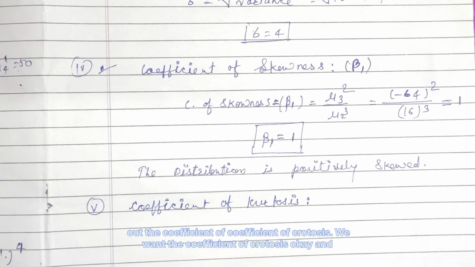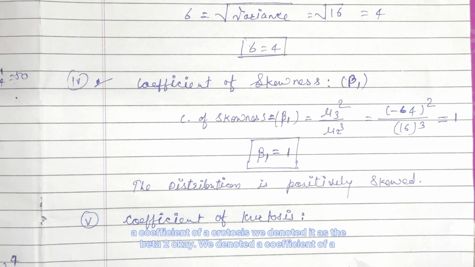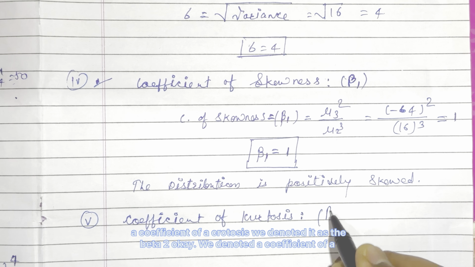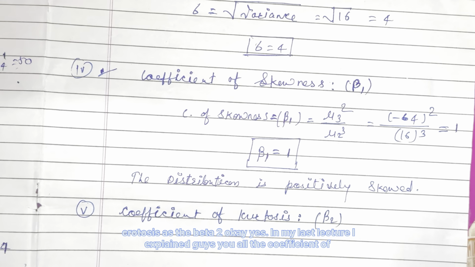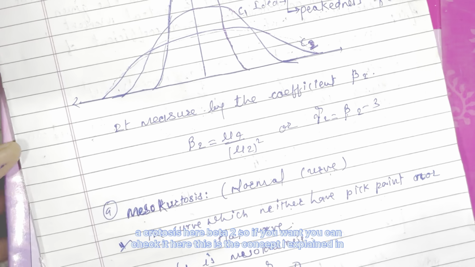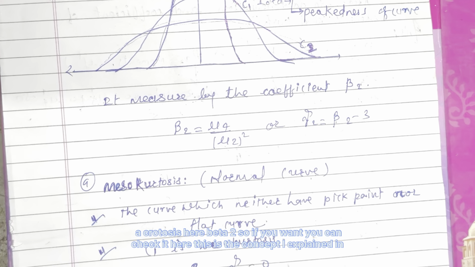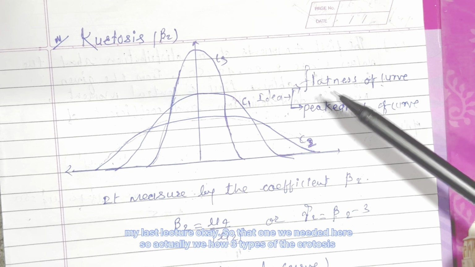We denote the coefficient of kurtosis as beta 2. In my last lecture I explained the coefficient of kurtosis, beta 2, so if you want, you can check it there. That is the concept I explained in my last lecture, and we need it here.